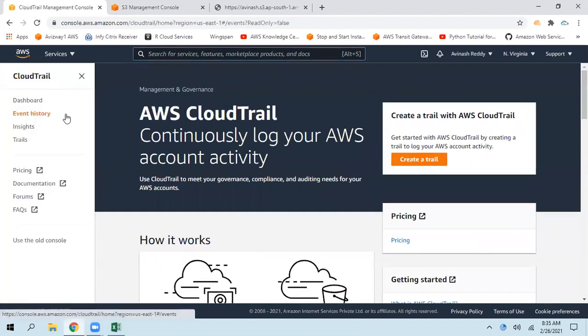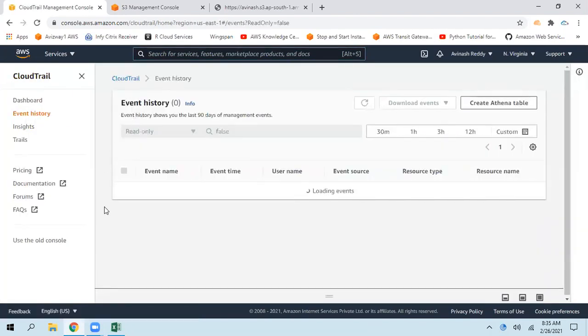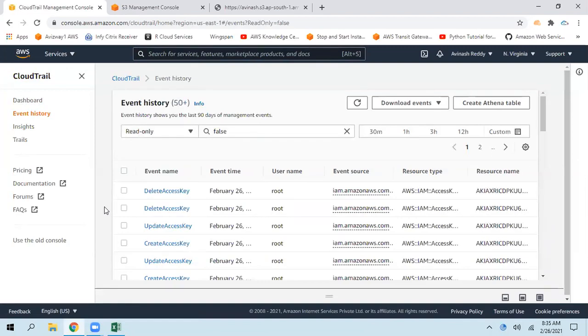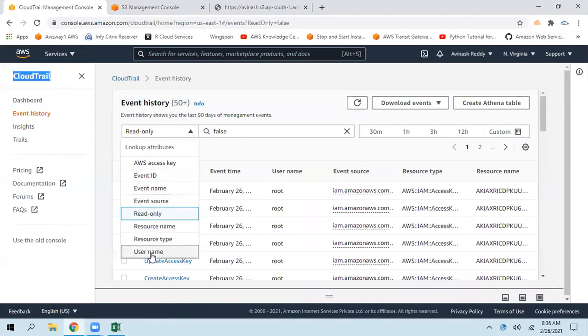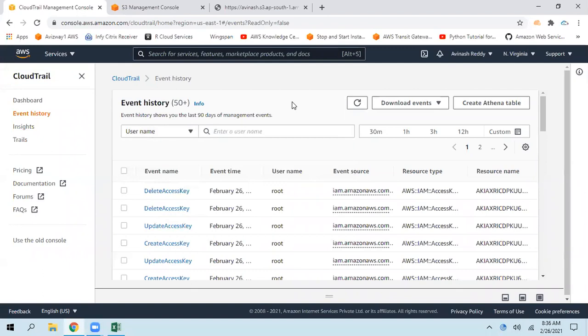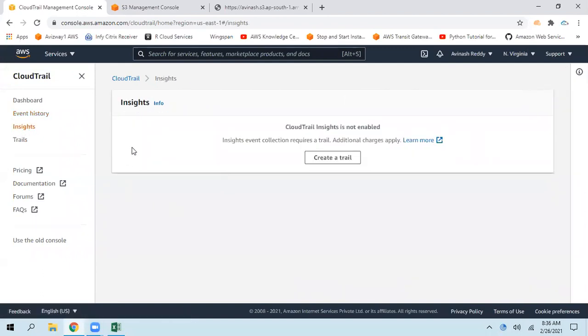Okay, thanks for the clarification. And what is Insights? We have a dedicated session for CloudTrail, so for now I covered the username part. In Insights, if any unusual activity is happening on your AWS account, it shows here.